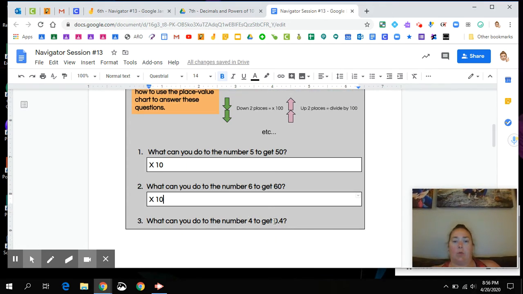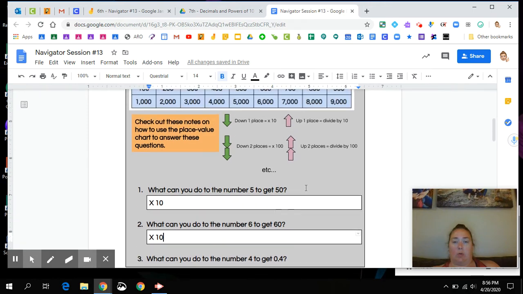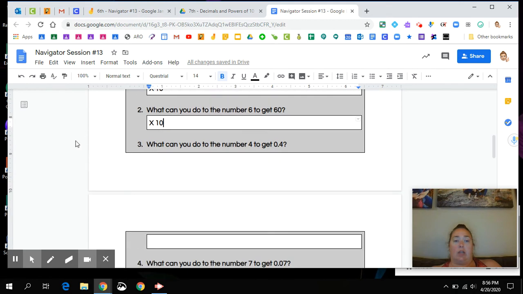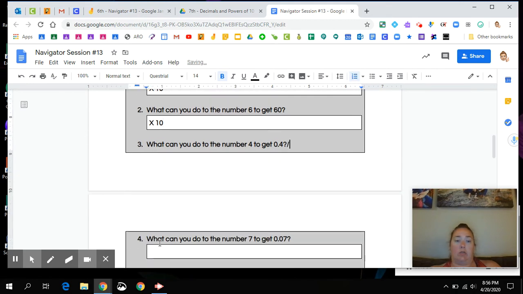If I'm going from 4 to 0.4, so I'm going to look at my 4s, from 4 to 0.4. So instead of moving down, I'm moving up, or moving backwards. I'm making it smaller. So instead of multiplying, this becomes a division. And so you could say that in here, that you need to divide. Oops, I lost my little box.